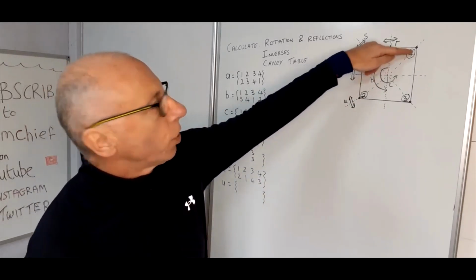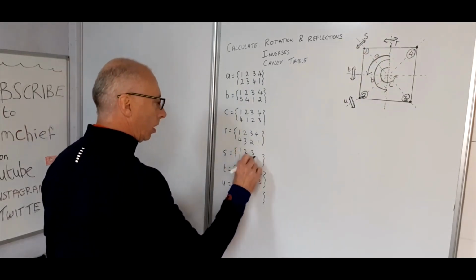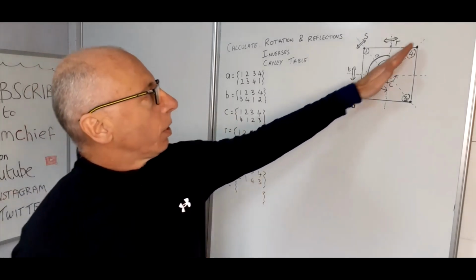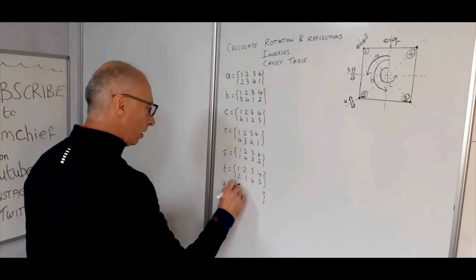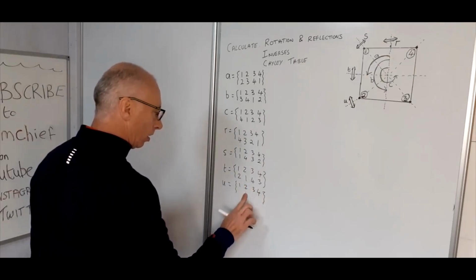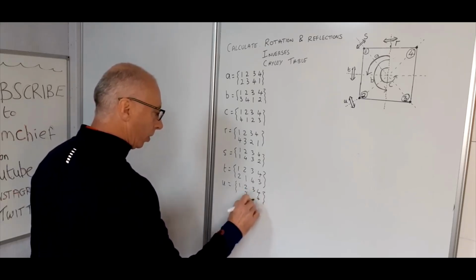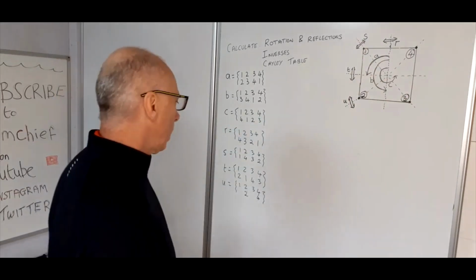But the 4 and the 2 will change places. Similar here with the U, this time the 2 and 4 will stay in the same place. So the permutations will end up like this, but then the 1 and the 3 will change places.